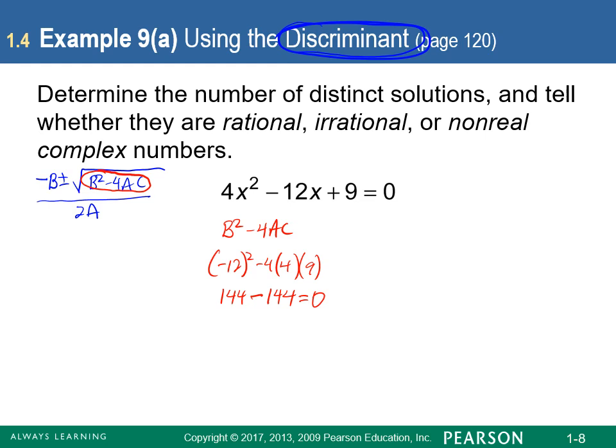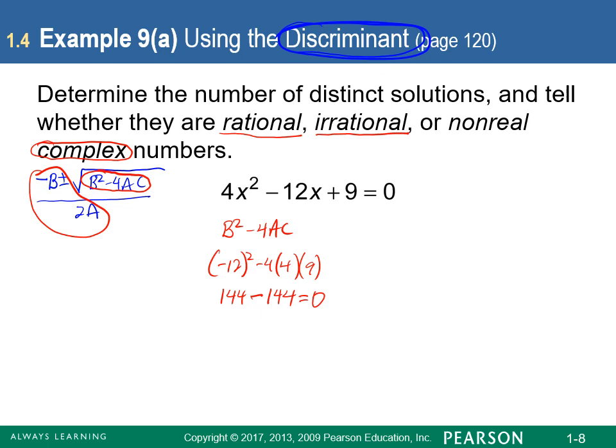Now, if you look at the choices up here, we want to know if we have rational roots, irrational roots, or complex roots. If the discriminant is 0, we come out with negative b divided by 2a.